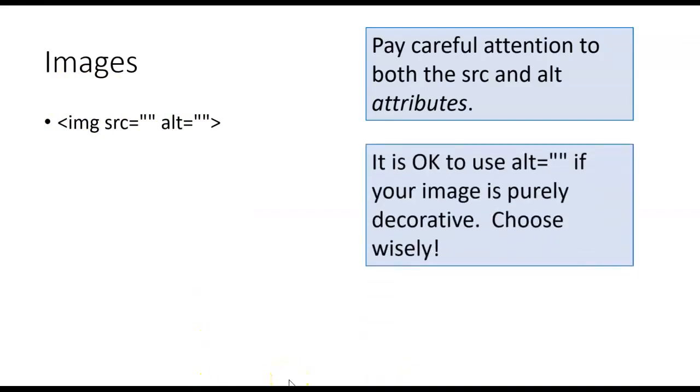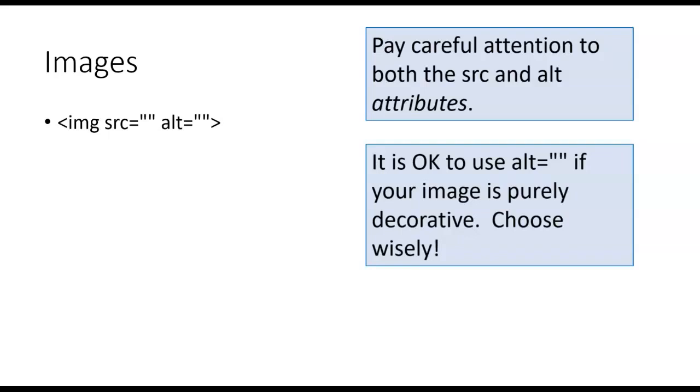You might ask yourself, what if the image is purely decorative? Then it is acceptable in those cases to simply say alt equals and then put in 2 quotes with nothing in the middle. That would be what we call an empty string. And that is a way to indicate to the browser, to the screen reader, and to the web crawler that the image didn't have any semantic meaning. It was purely decorative.